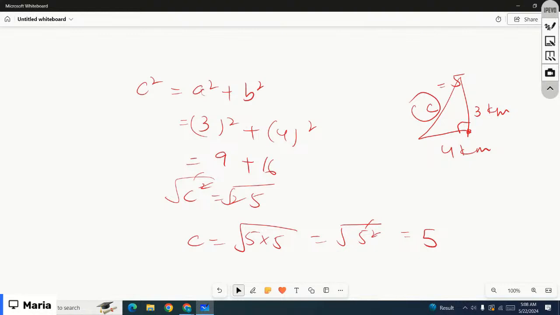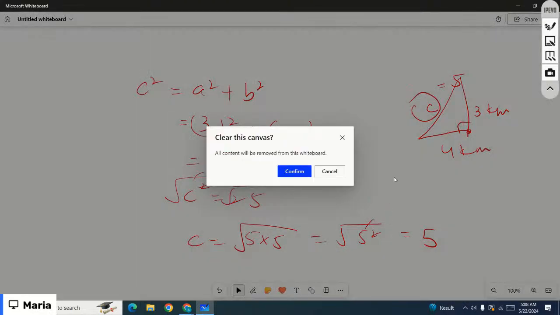Okay, let's just start with another example. The other example is, we are given a triangle that is 8 kilometers, 15 kilometers.